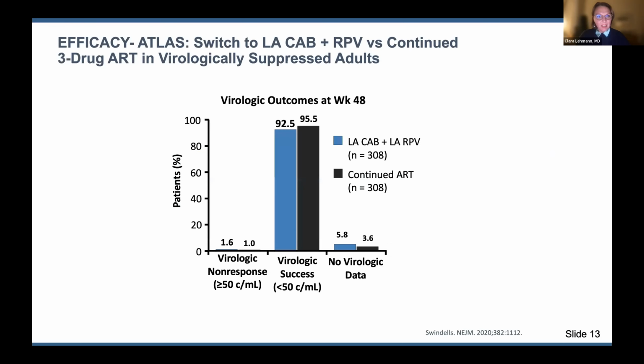injections. And this was an important study here, where patients were switched to cabotegravir and rilpivirine, or they just continued ART. And you see that most of the patients had virological success, and this was the basis for the approval of the intramuscular long-acting treatment.